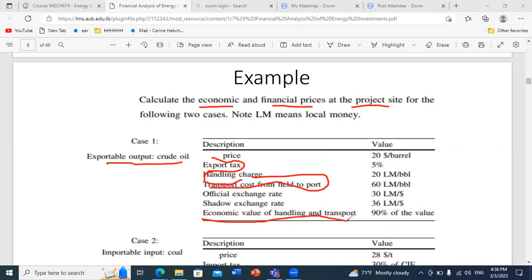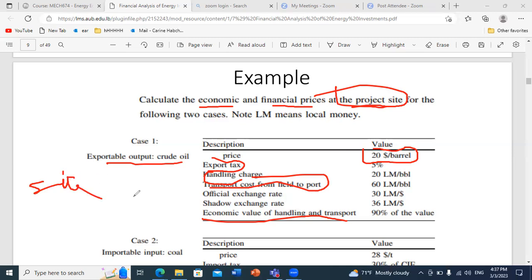Let's say the final price of exporting crude oil is $20 per barrel, and you want to judge what the price is at the project site. The project site is just before all of these steps, where you extract crude oil.